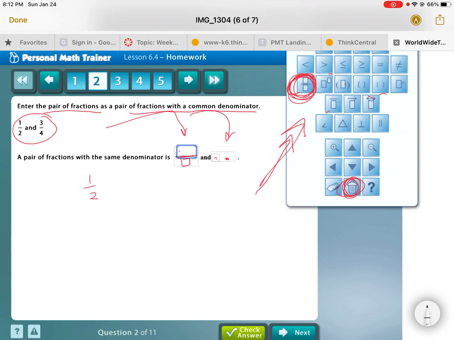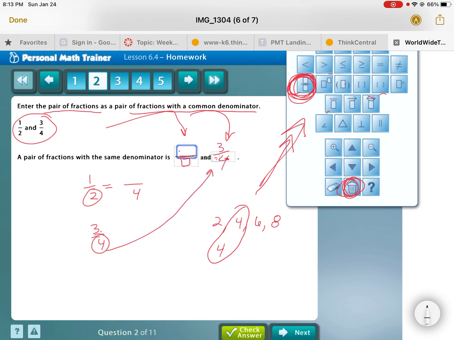So I have 1/2 and 3/4, and I'm trying to rename them with a common denominator. So I take my denominators, 2, 4, 6, 8, 4. Oh, didn't even need to keep going. I'm going to rename them using the denominator of 4. This one is already in fourths, so it's already done.